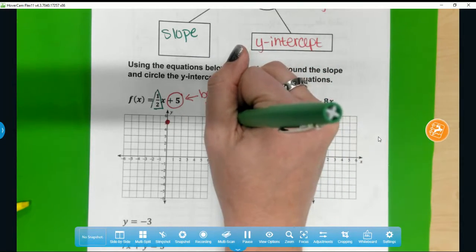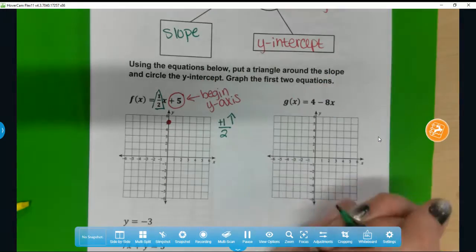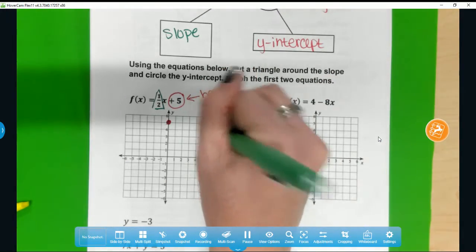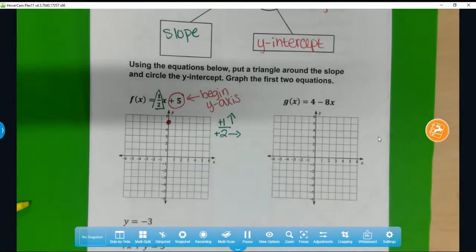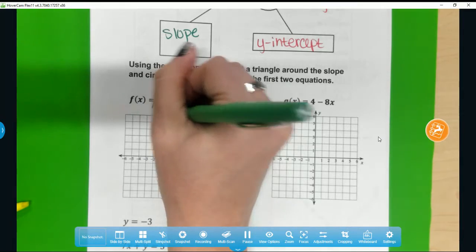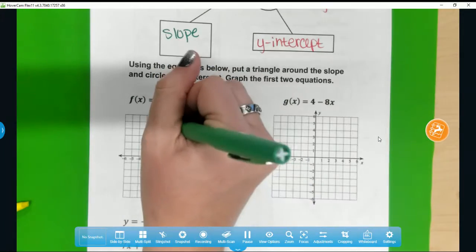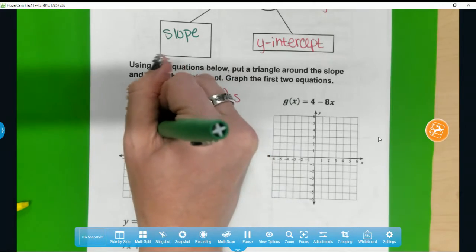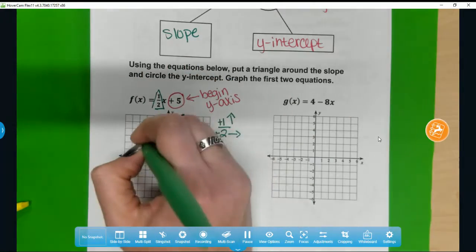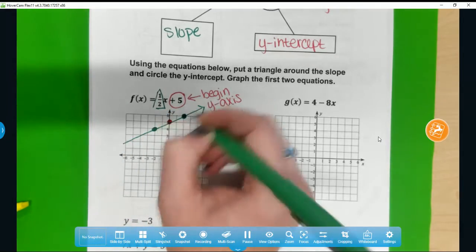So since our y-axis goes up and down, this is positive, so I'm going up 1. And then since this is positive, I'm going to the right 2. So from that red dot, I'm going to go up 1, right 2. I could also go down 1 and left 2 because that would also still be positive. And then I'm going to go ahead and connect.